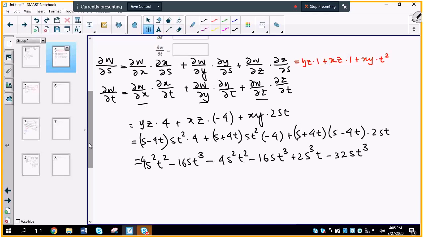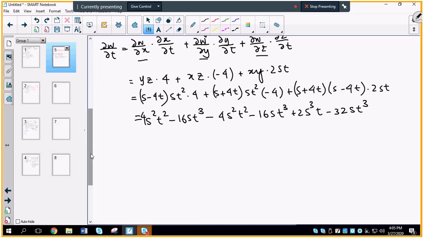And let's see whether we can simplify some of the terms. Well, I see that 4 S squared T squared and negative 4 S squared T squared are going to be cancelled. I will also have 2 S to the power 3 T, and then I have minus 16, and I have minus 32, so that's a total of minus 64 S T cubed.